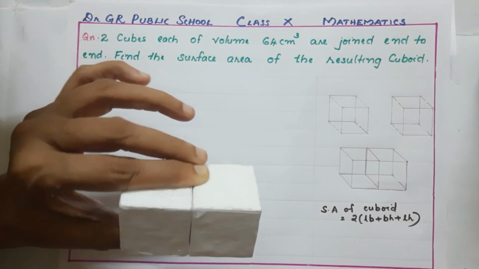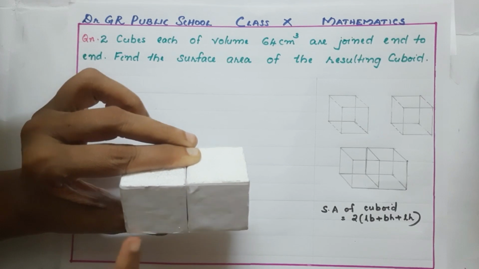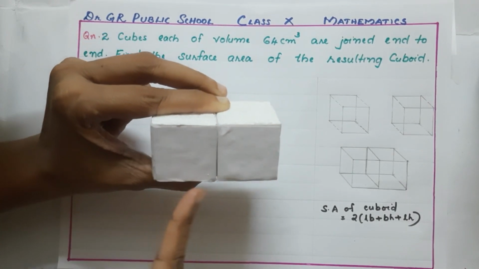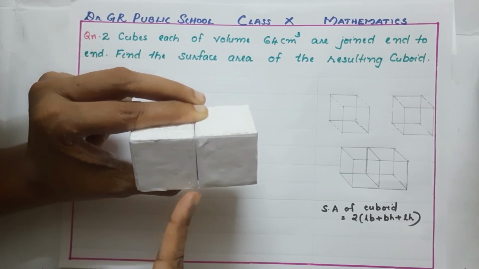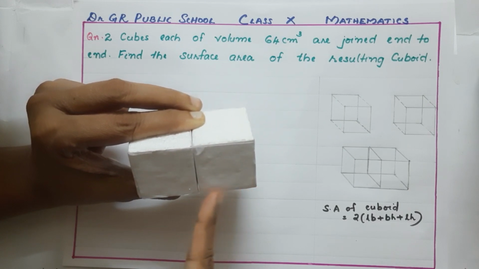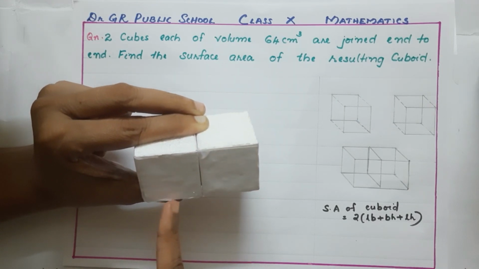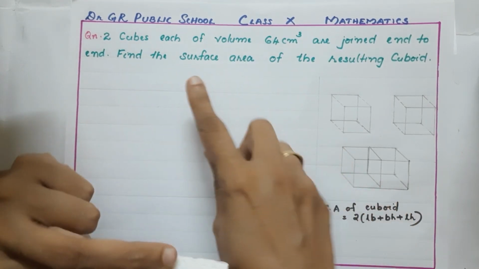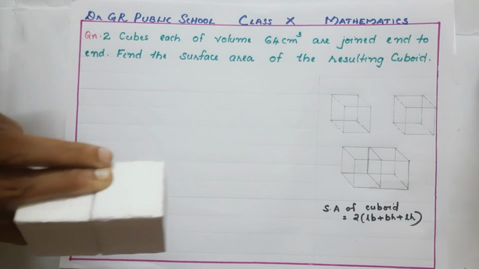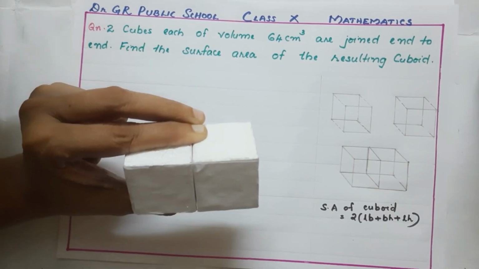So this is our new cuboid. How will we get the length of this cuboid? We should get the edge of this cube and the edge of this cube, and both have the same volume. So it is given that each has the same volume, which means their edges have the same measurement.